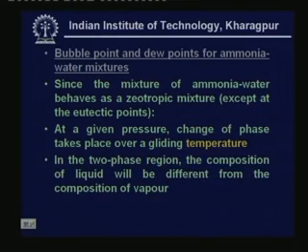This is the nature of zeotropic mixtures. Okay. As I have already repeated, if it is a pure fluid or an azeotropic mixture, the phase change takes place at a constant temperature when the pressure is kept constant. Okay. So, in the two phase region the composition of liquid will be different from the composition of vapor. So, let me explain this.